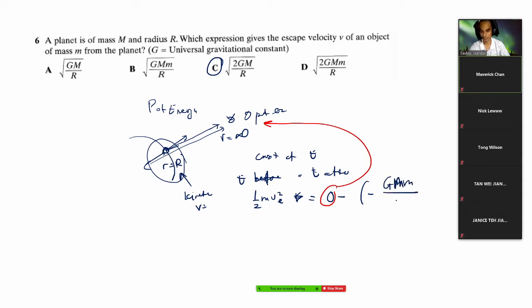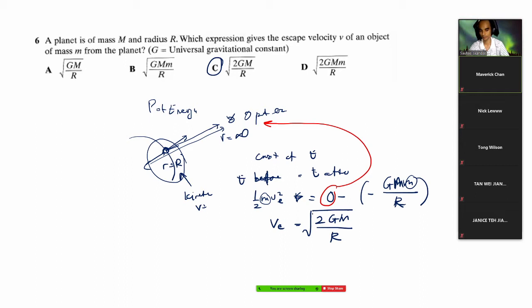So small m is cancelled. If you reshuffle everything, you have ve equal to the square root of 2GM over r, because small m has been cancelled. Okay, so that's it.